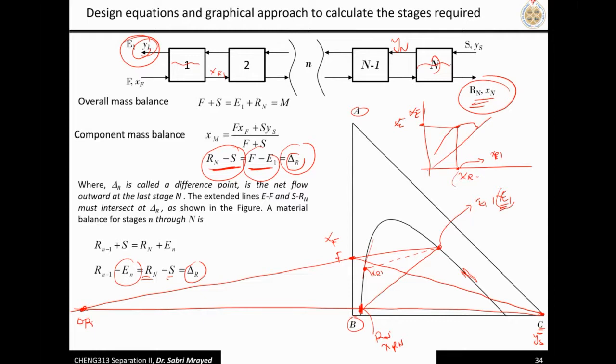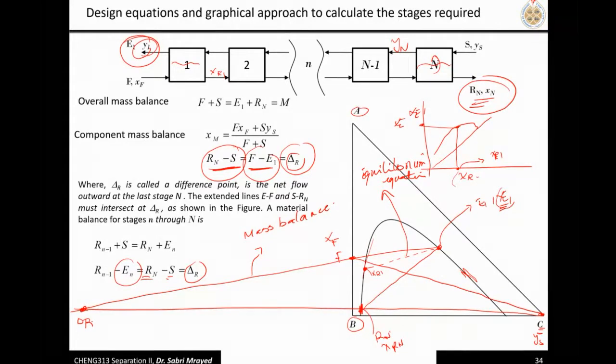Now again, I can write the same equation. This one represents the mass balance equation, and this is going to represent the equilibrium relation or equation, up to you.